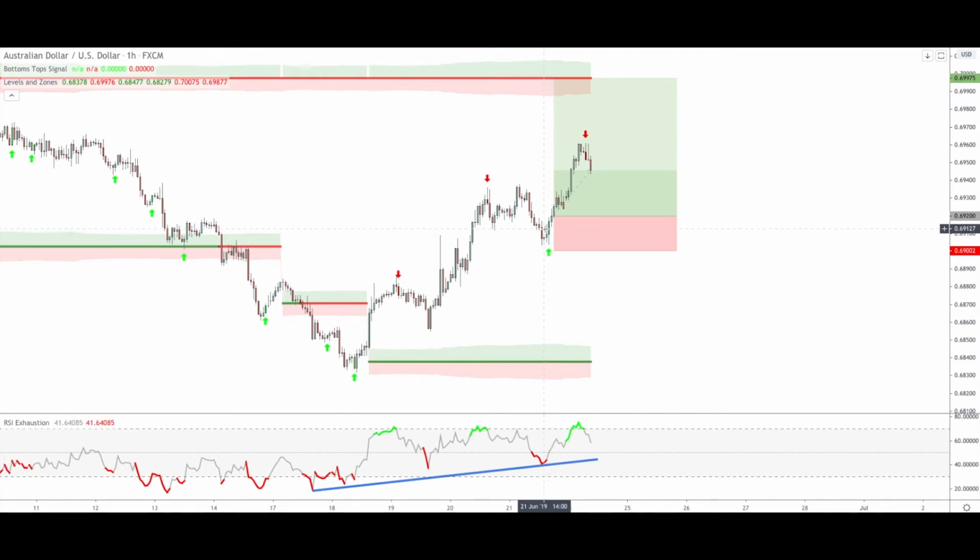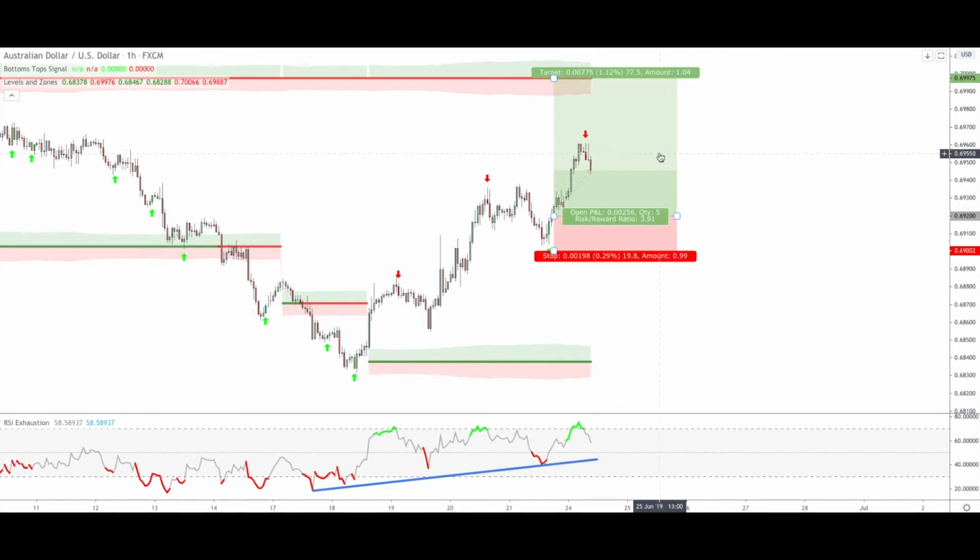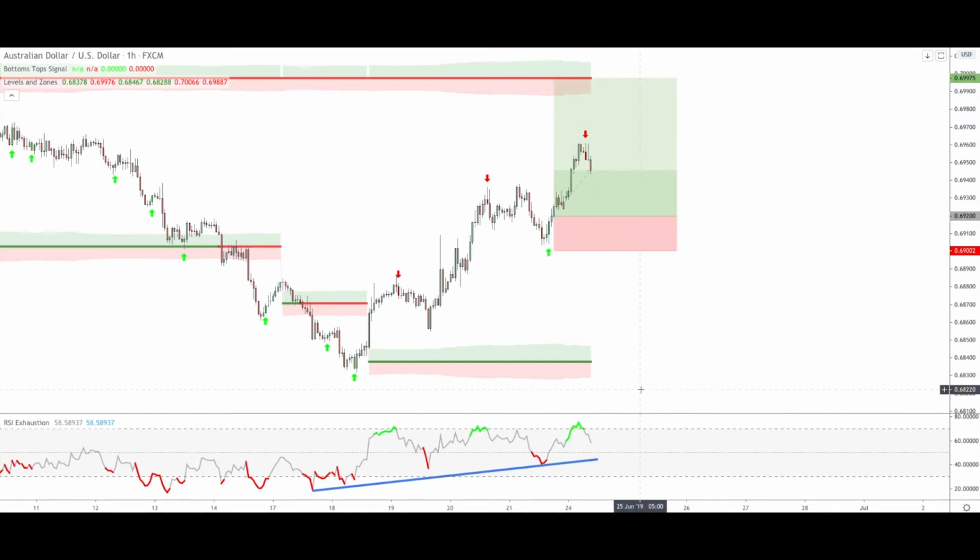Luckily we got this opportunity, so I'm already in the trade. I would only get concerned if we get tops and tops and tops to the upside and see a very significant divergence with the RSI. But right now we don't have it, so it's all good.